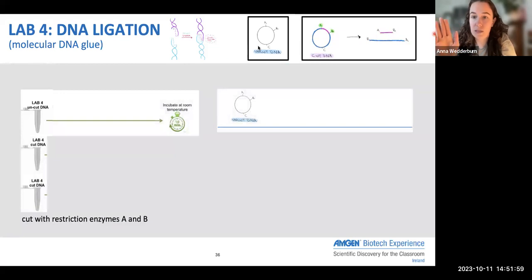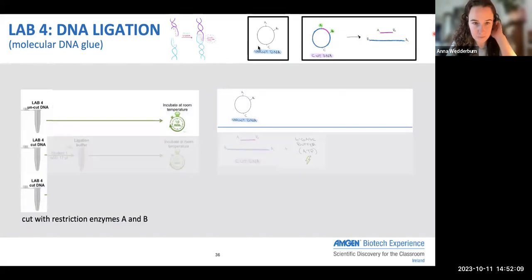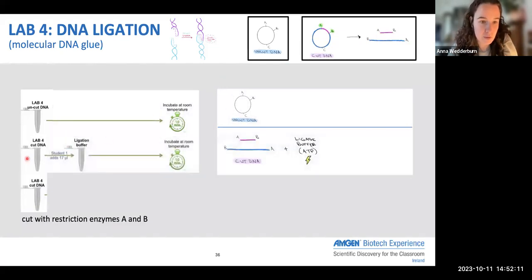So what we're going to do is the first tube, you just leave it, do nothing with it, just let it sit there. And that's the uncut DNA. For the second line that we're doing, you've got your cut DNA, and we're adding that to ligase buffer. So you've got your cut DNA here, so it's the 2 lines, and you're adding it to your ligase buffer, which is the ATP.